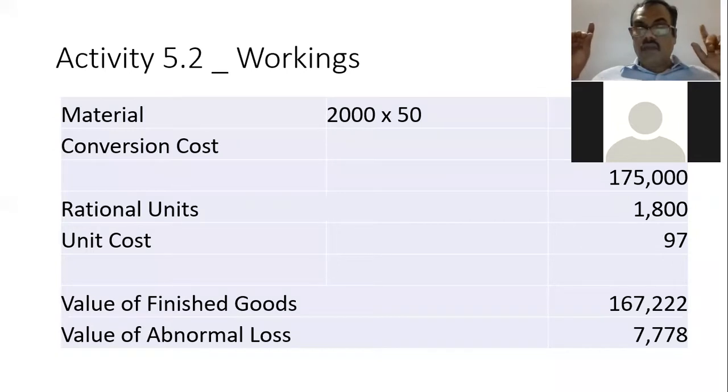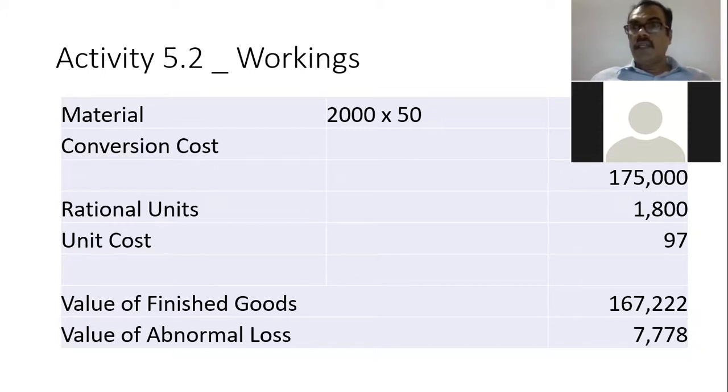Now you can apply the logical reasoning. What has happened really? Just take the example that there was no normal loss. If there were no normal loss, what would be the unit cost? 175,000 divided by 2,000, so the unit cost goes down, right?